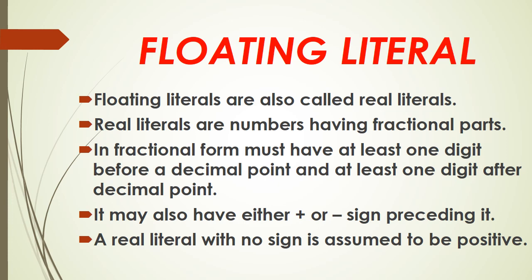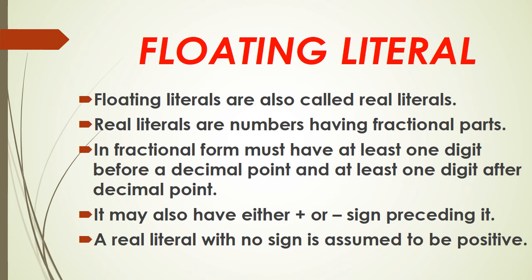If you see that there is no digit before the decimal, you can put a 0 there, like 0.11, that is correct. But if you write only .11, that is wrong. In the same way, if you have no digit after the decimal point, you can put 0, like 11.0, that is correct, but 11. is wrong.